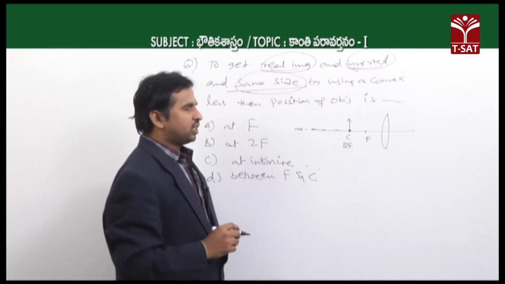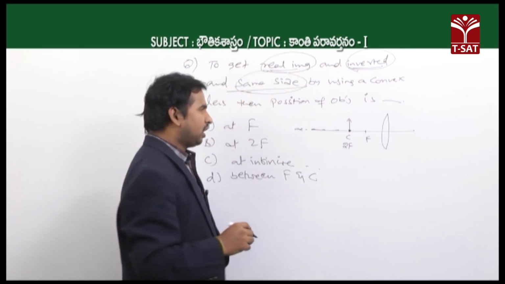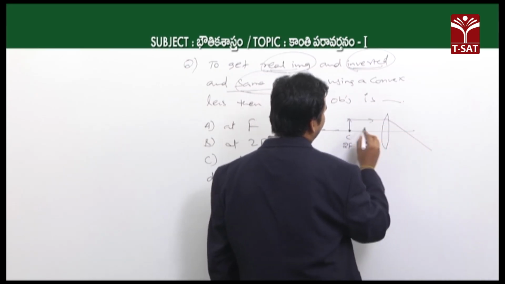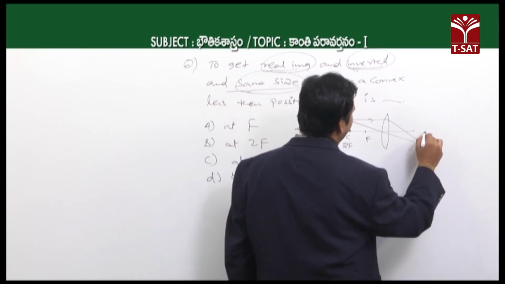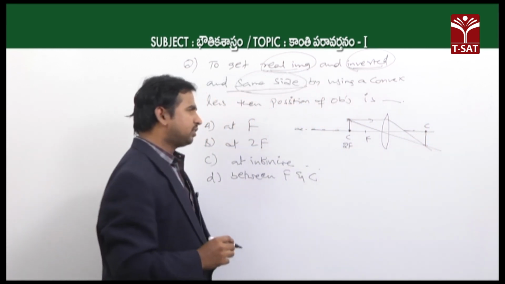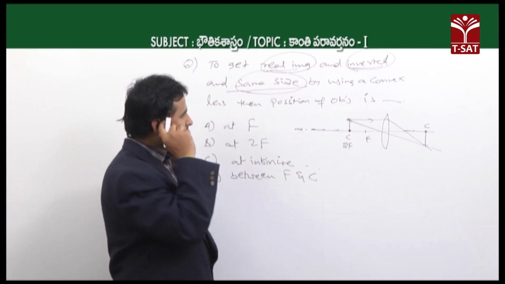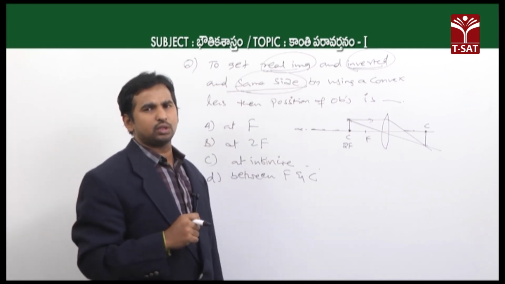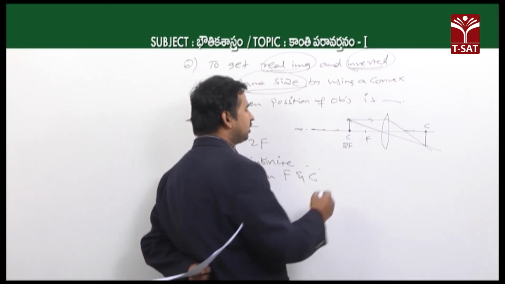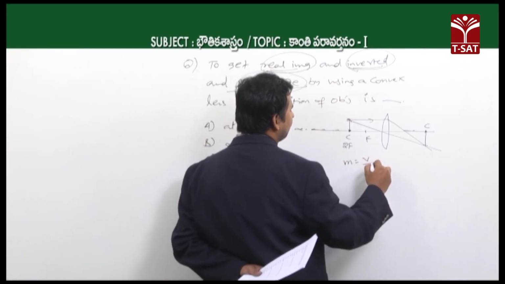If the object is placed at the center of curvature like this, then after refraction the light ray passes through and the image is formed exactly on the center of curvature again, like this. As it is forming exactly on the center of curvature, the object distance and image distance are both the same, and the magnification value becomes 1, because magnification m is equal to v by u.